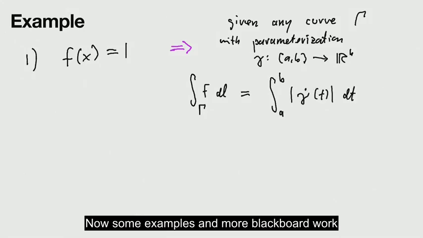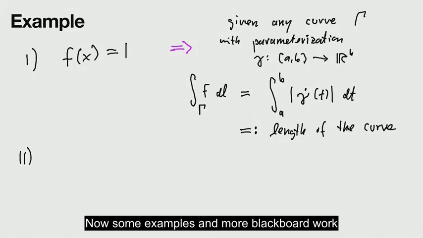And that just happens to be the length of the curve. In fact, mathematically, that's the definition of the length. The length of the curve is defined as the integral of the speed for any given parameterization.